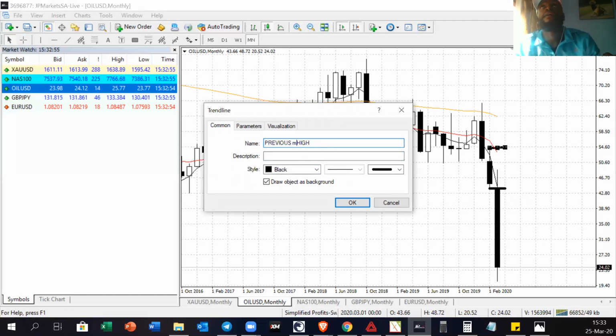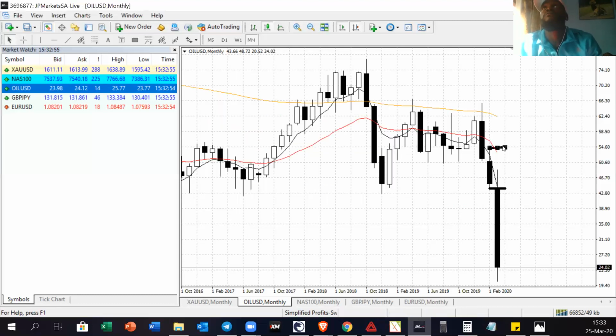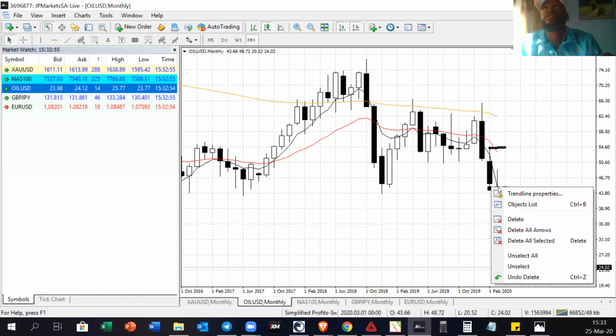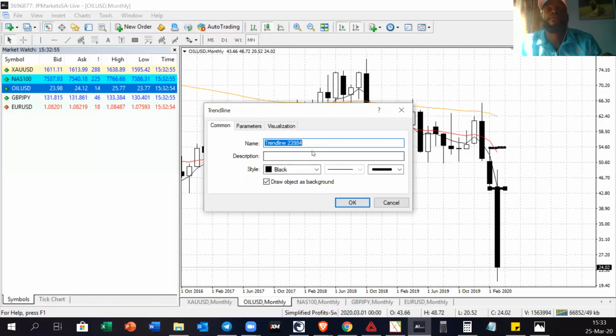Not bad. Previous month high was $54.50. And the previous month low was $43. Previous month low was 43 bucks a barrel.